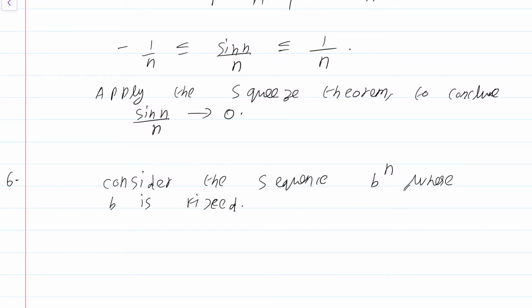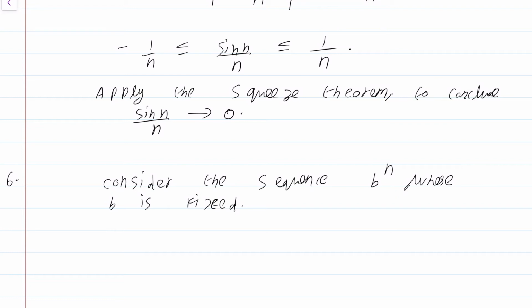Okay. Now what happens to this sequence? Well, it depends on whether the modulus of b is greater than 1 or the modulus of b is not greater than 1. That is, it lies between minus 1 and 1.